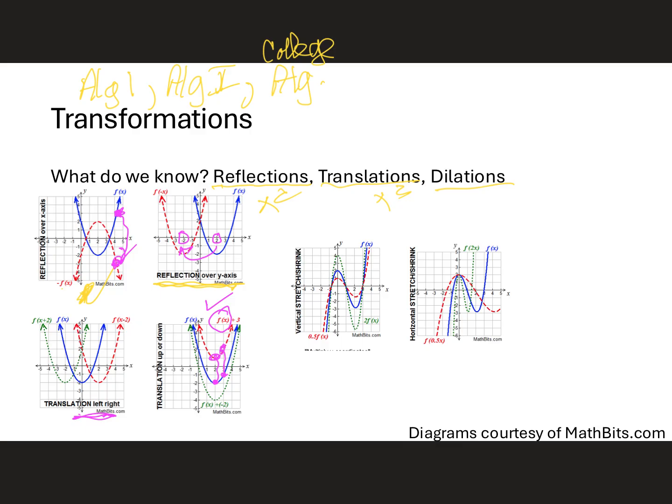Okay? In this case, we take our x value, and when we say x minus 2, this is really written as x minus h. So if you see x minus 2, that means h equals 2, which means you're adding 2. The original x value is 0, so I'm adding 2.